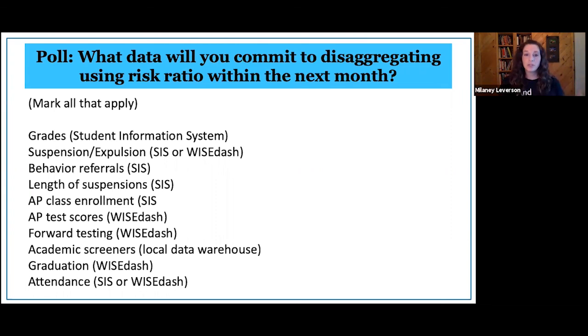What we need to do is shift that conversation when you go and disaggregate that data, you awesome 17 people who said attendance. You need to shift that to talk about what in our system is sending these kids the message that they don't fit in our schools, that it's better to not come, that it's easier to not come. And then think about how you can change that systemically, not just saving one student at a time.